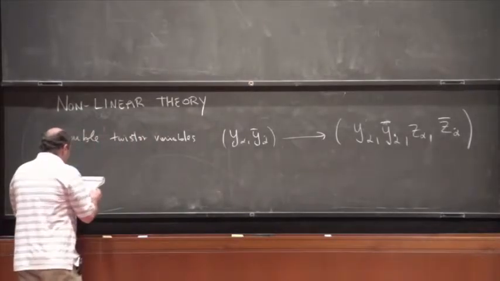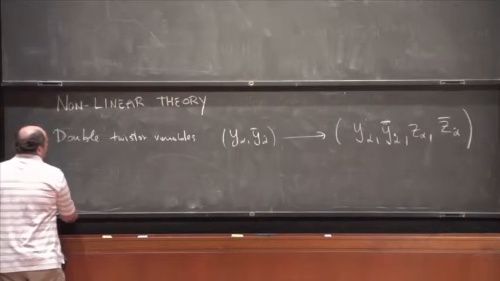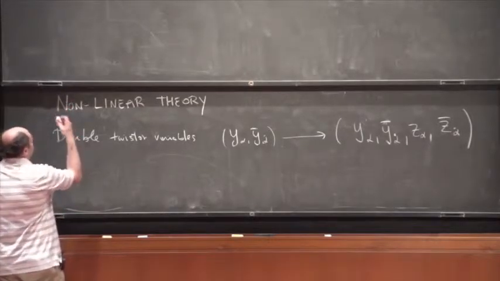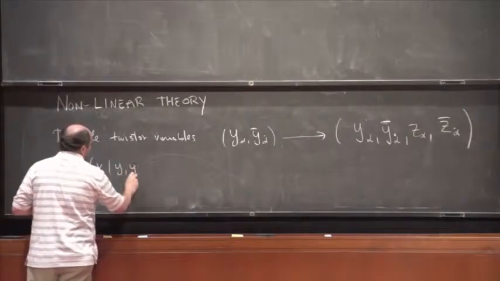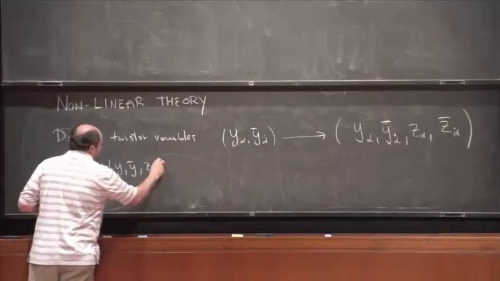So first we do this: we double twistor variables, and so we allow all these fields to depend now not just on y and y bar, but also z and z bar.